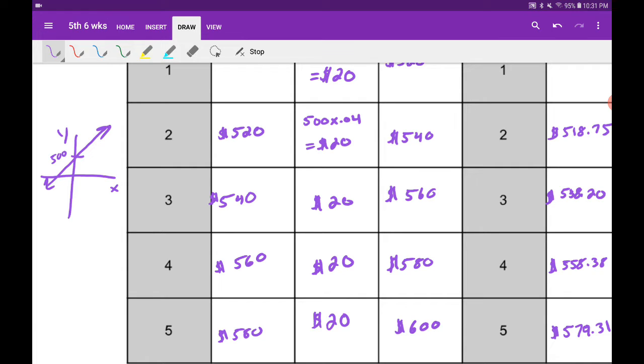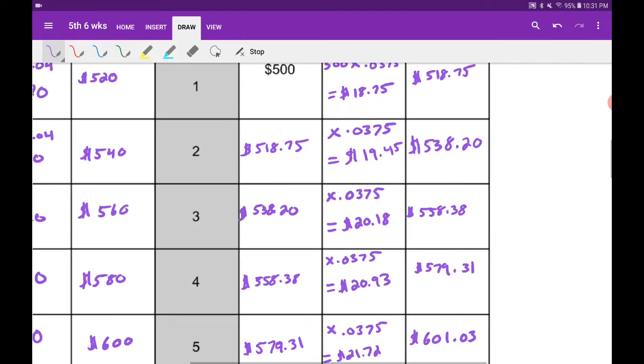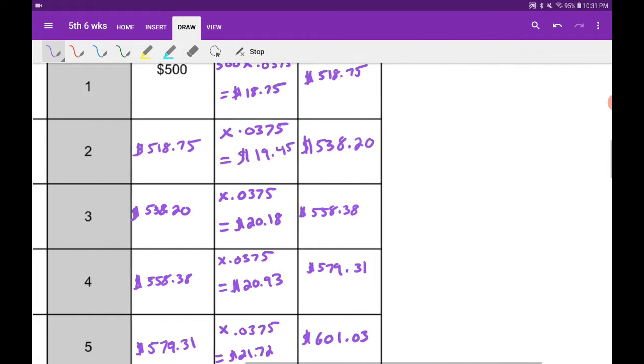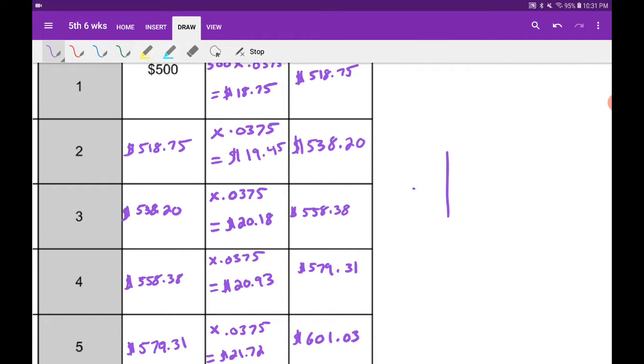It just keeps growing by $20 every year. On this one, the compound interest, do an XY chart. So this is 500. It ends up growing up like this in a curve, and this is an exponential curve.